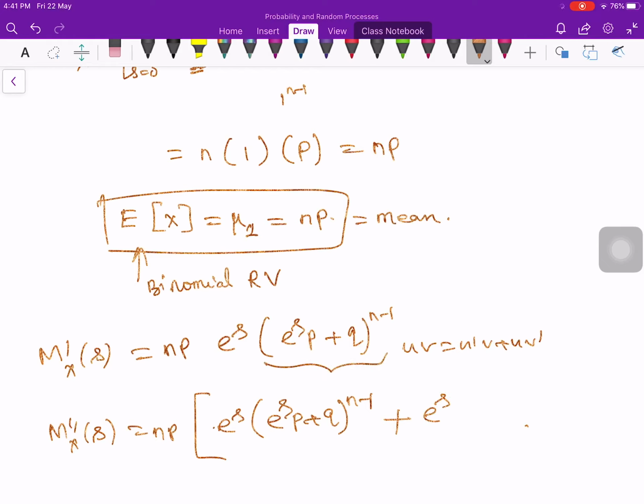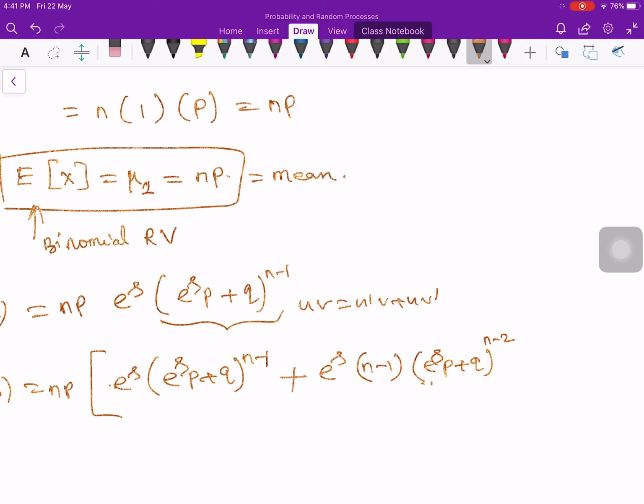If you take the derivative, it is n minus 1 times (e to the s p plus q) to the n minus 2, times the derivative of those terms, which is e to the s times p. If you take the derivative of q, it is 0. That's it.